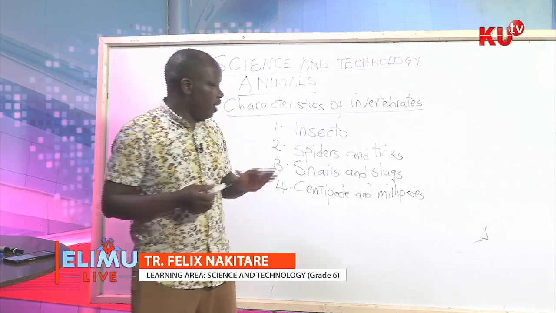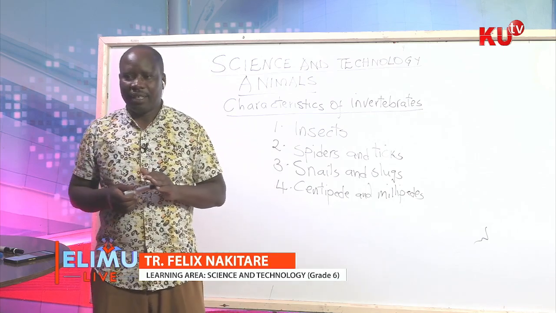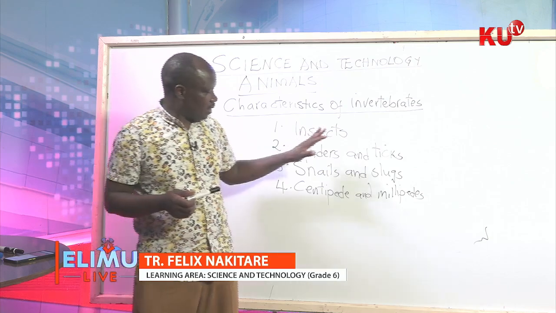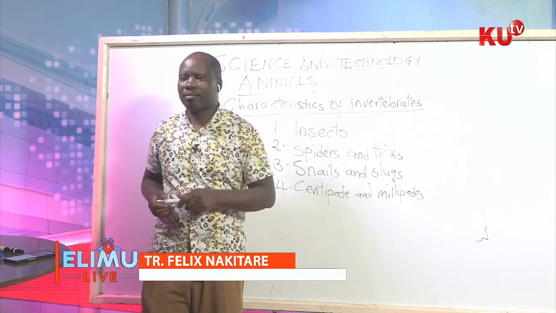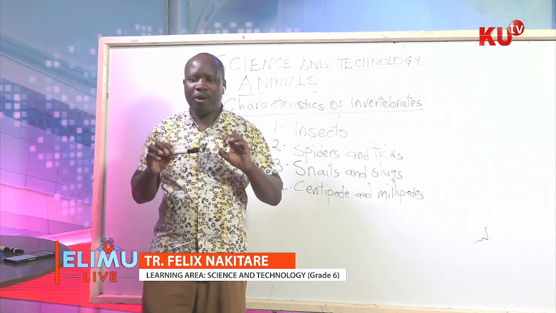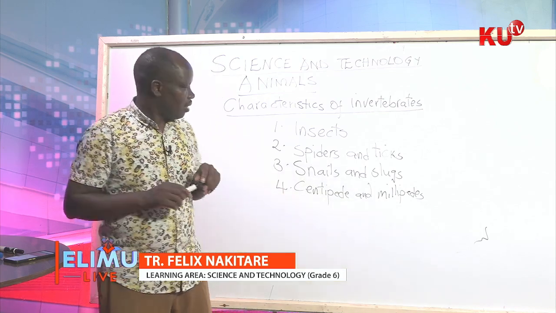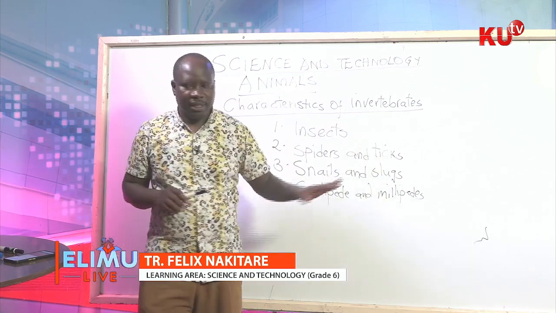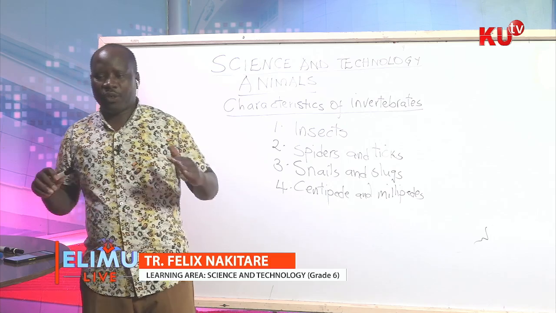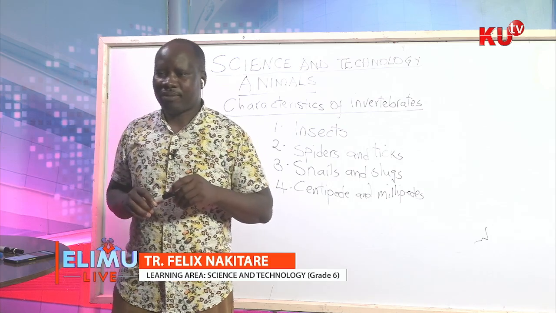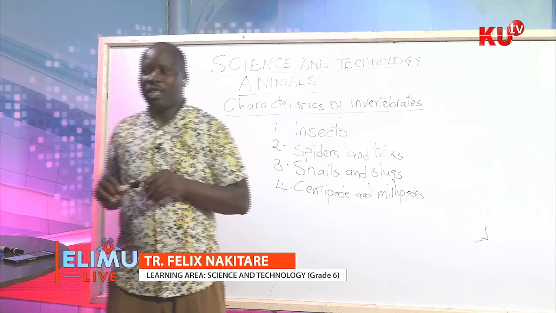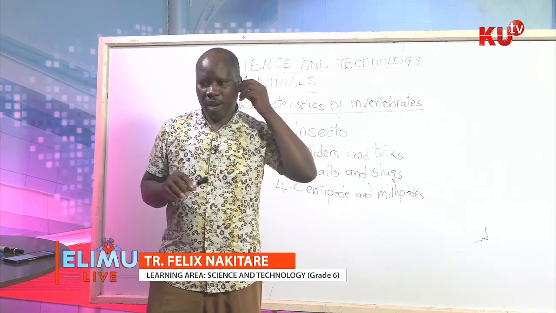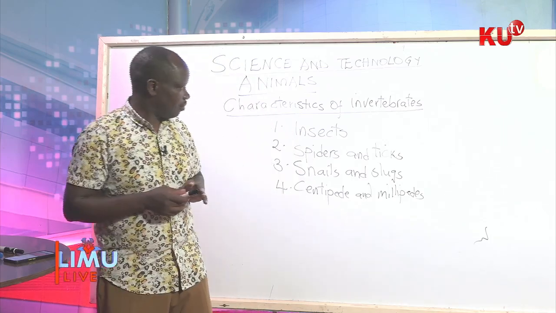Therefore, if you are asked to give the characteristics of any of these invertebrates, will you be able to? We shall go through each of them quickly and see the characteristics so that you are sure when you are asked.